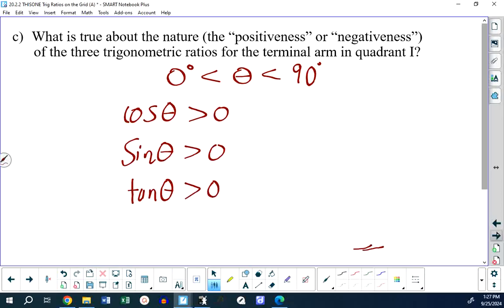We do not have time with this lesson to do a whole bunch of calculator work, but just think about what I'm saying. If you picked any angle that's bigger than 0 degrees and less than 90, and you took the sine of it or the cosine of it or the tangent of it, you will get a positive number, okay? Trust me on that.